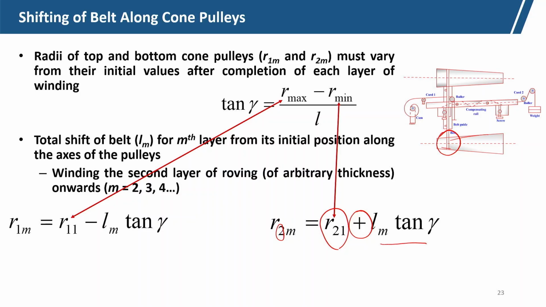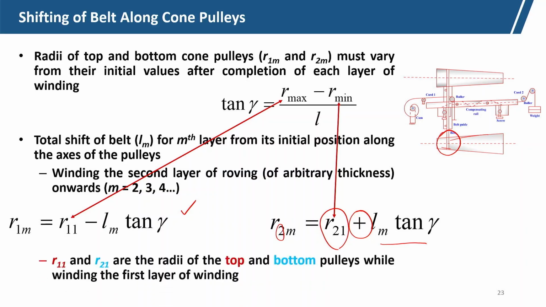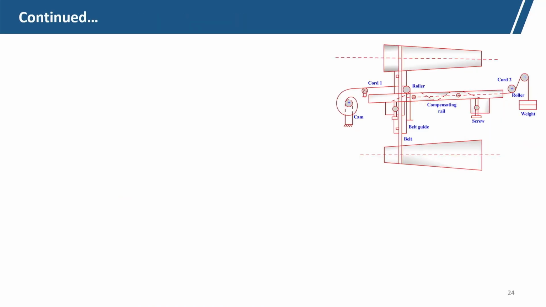So, for the top cone pulley the radius changes like R11 minus Lm tan gamma. For the bottom cone pulley it changes like R21 plus Lm tan gamma. So, R11 and R21 are the radii of the top and bottom cone pulley while winding the first layer. And this one we have already seen.